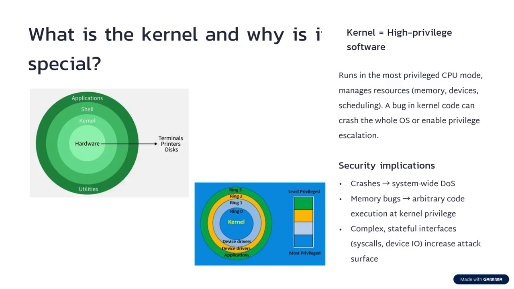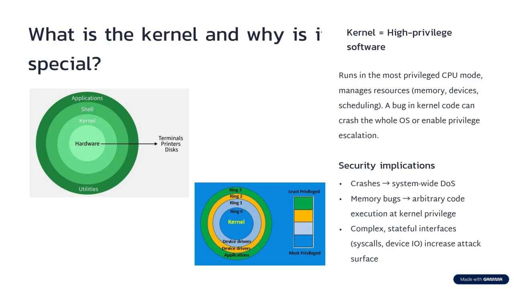It handles device drivers, file systems, system calls. So to put this into context, if a program running in the user space crashes, only the application stops running. But if the kernel crashes, the entire operating system crashes. That is the key. That is why it's important.